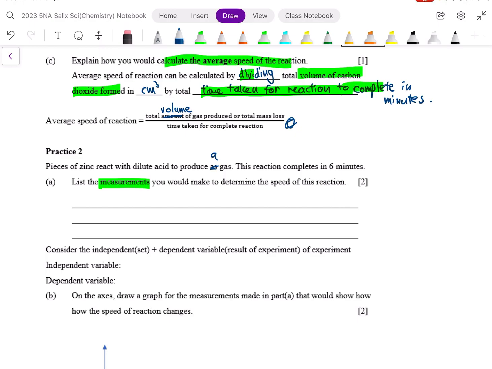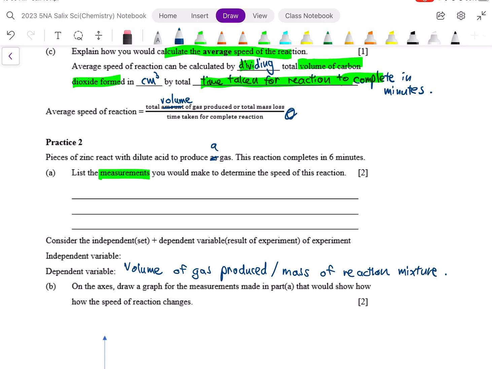The dependent variable should be the volume of gas produced or the mass of reaction mixture. Then the independent variable could be the time taken for reaction to complete.